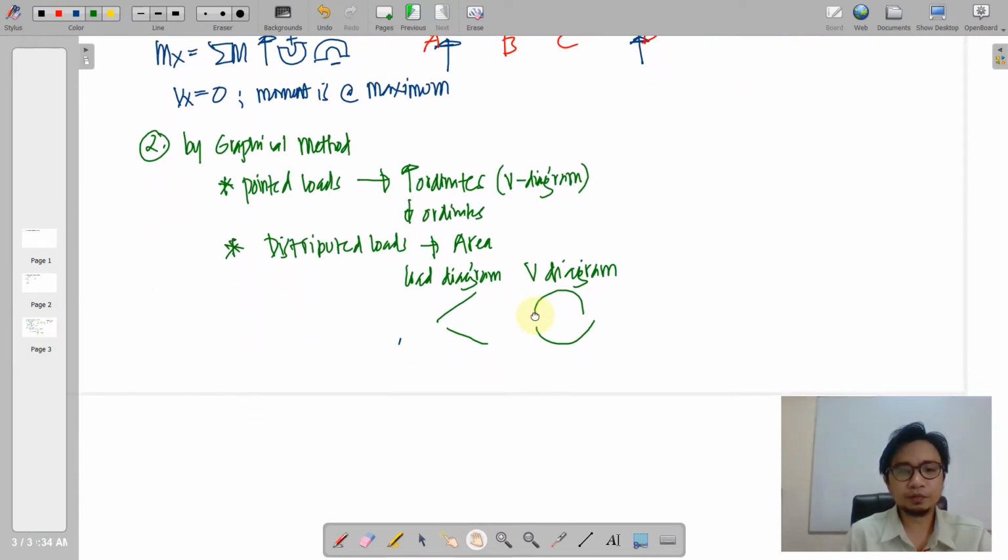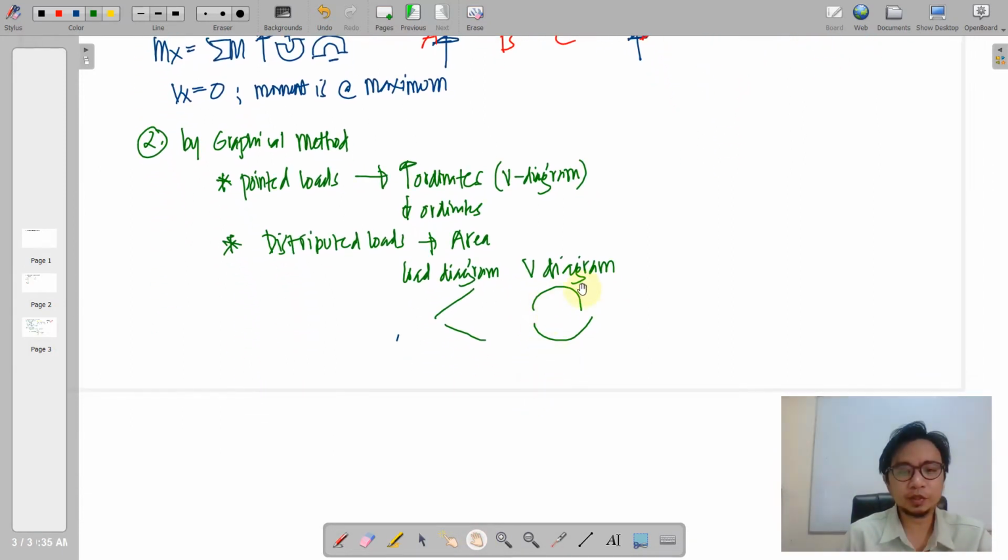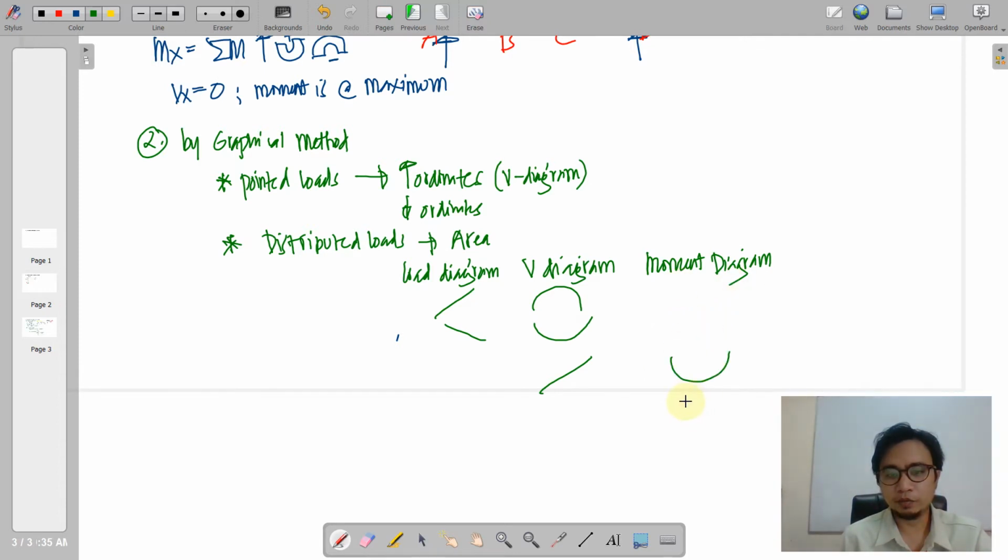Now if we refer to the shear diagram and the moment diagram, say we have here another column. If we have an increasing shear diagram, your moment diagram will have a concave upward connector between two ordinates, and concave downward for a decreasing shear diagram.